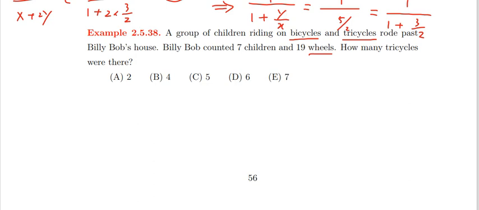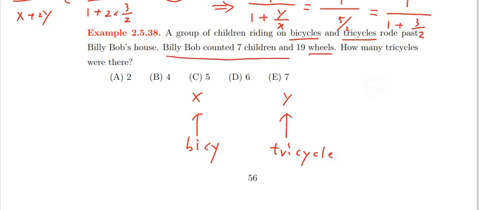So let's say we put x for the x kids who ride bicycles, and y kids who ride tricycles. Okay, so we can easily get the equation from here.